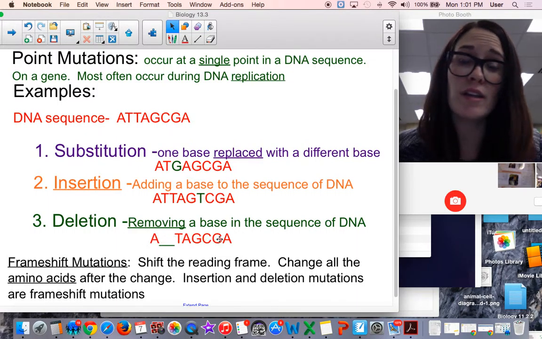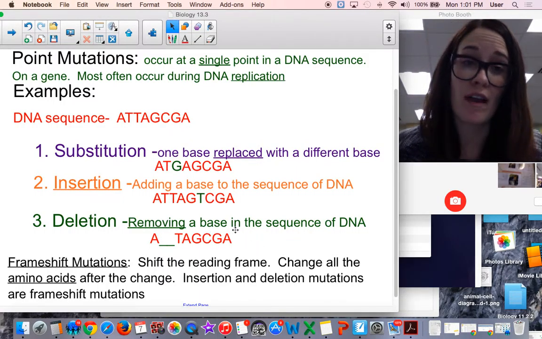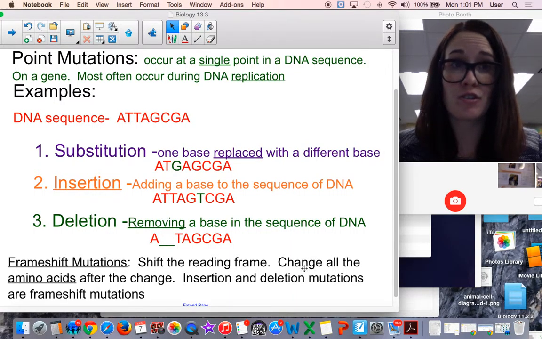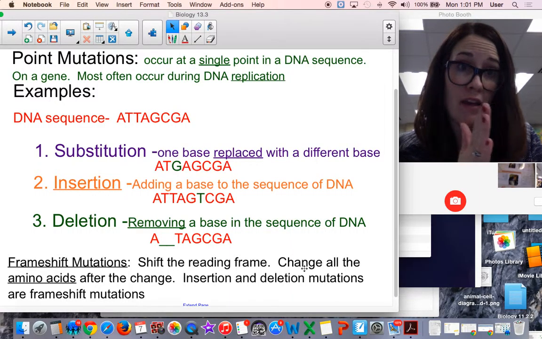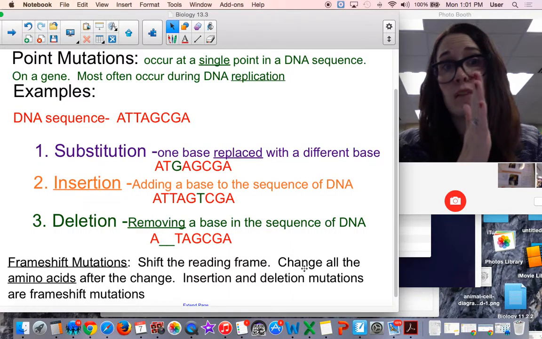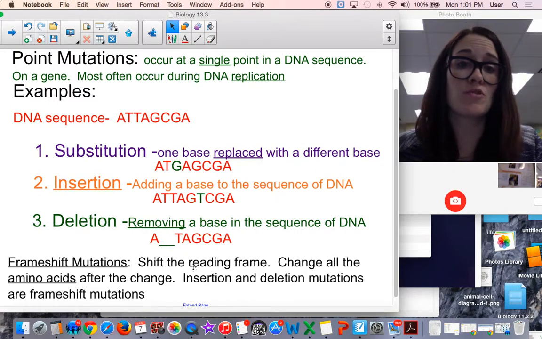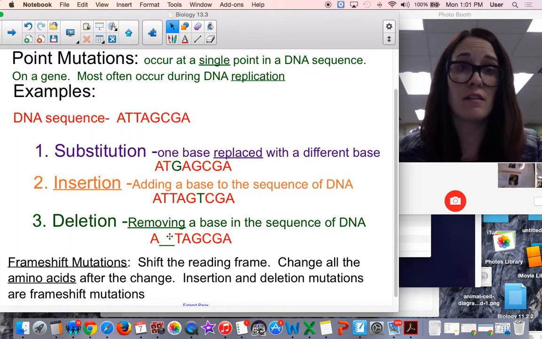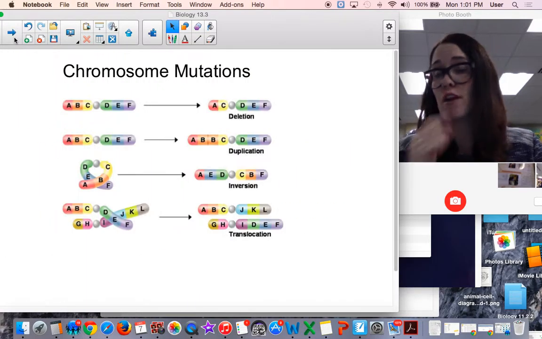It's going to totally change how that DNA sequence is read or transcribed to RNA after that point. So, DNA goes to RNA, and then is made into amino acids. So frame shift mutations will shift the reading frame, changing all the amino acids after that point. And for that reason, insertion and deletion are considered frame shift mutations.